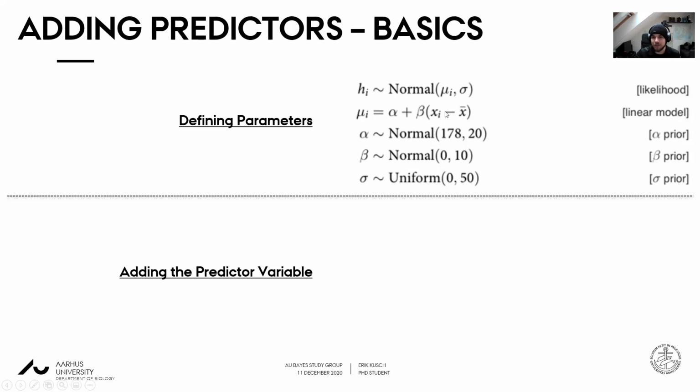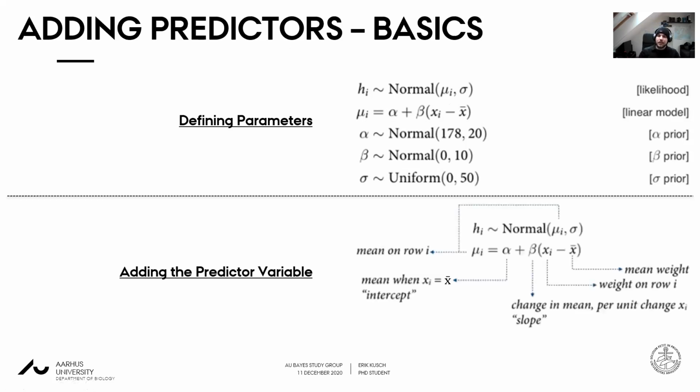This specification here just means that alpha is the height of the individual when the weight is the mean of all weights. That is how you would read this. So usually in linear regressions, you would understand alpha as the height when weight is 0, which doesn't make sense to begin with. Here you interpret it a tiny bit differently.